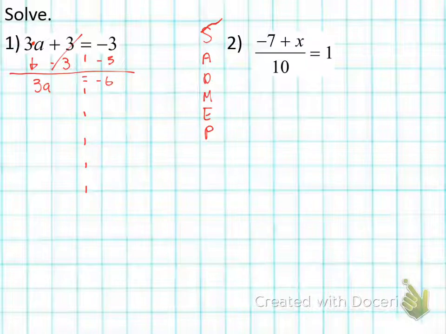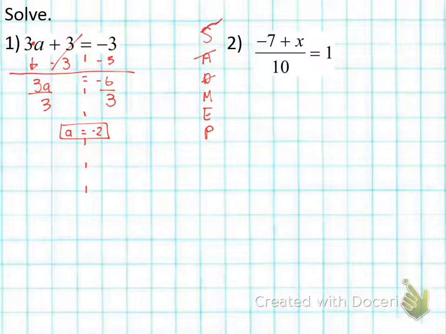Next thing we're going to do is see if there are any division signs. There aren't. Next we check if there are any multiply signs. Yeah, there's a multiply sign between the 3 and the A. So we divide both sides by 3. We get A is equal to negative 2, and that's it. It's been isolated. A is equal to negative 2. Next we ask ourselves, what property did we use?